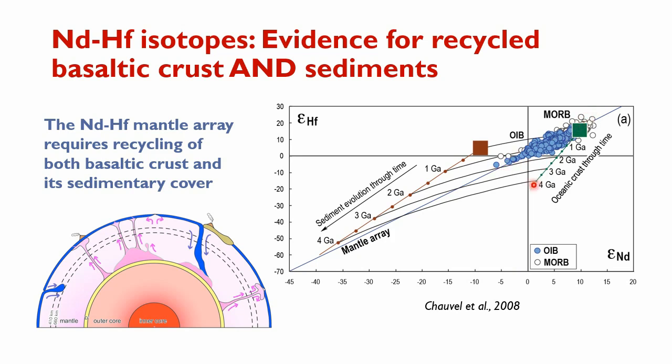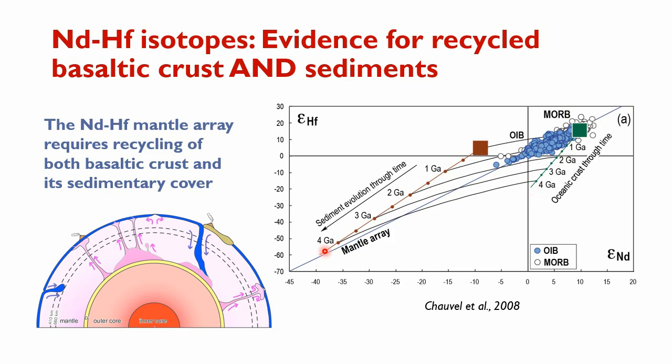And here are lines that calculate the evolution of the present-day position of an old oceanic crust if it was created 4 billion years ago, 3 billion years ago, 2, and so on. It should lie on this line. If you take sedimentary material formed 4 billion years ago, it should be down there and along this line depending on its age. What we see is that the trend defined by the data follows neither the oceanic crust line nor the sedimentary line.